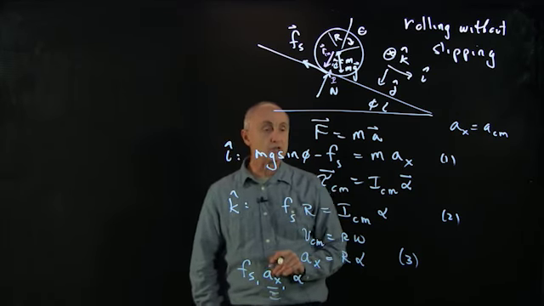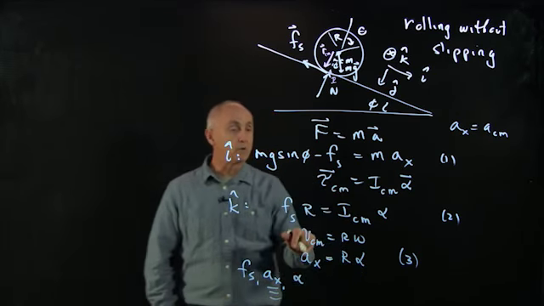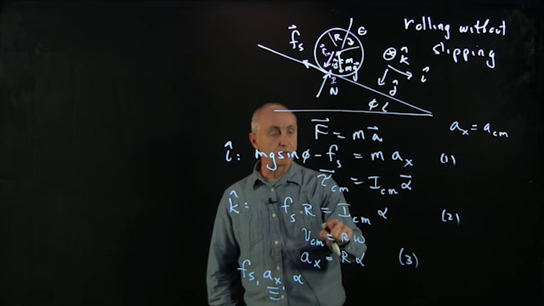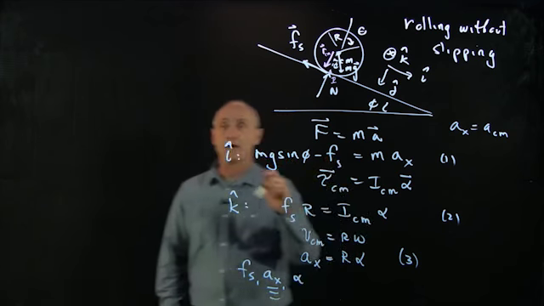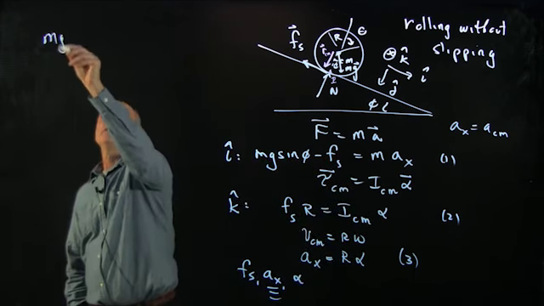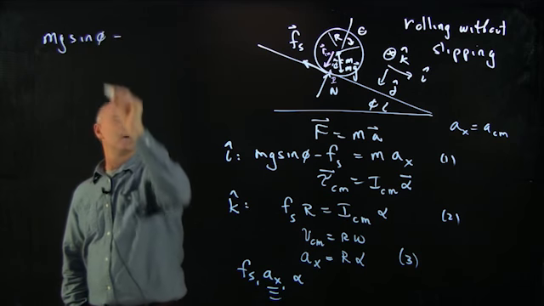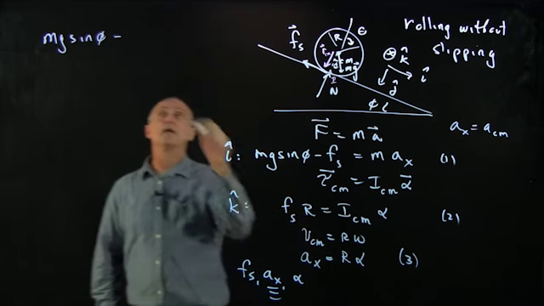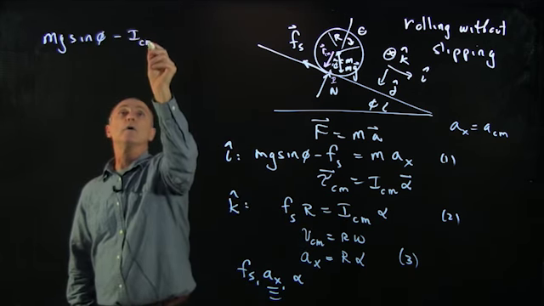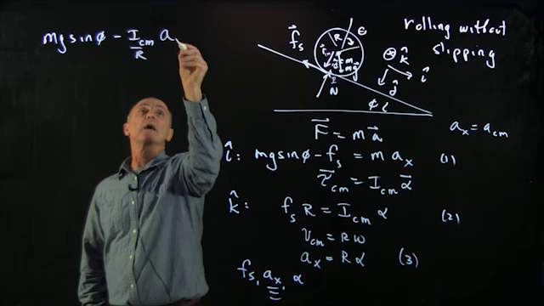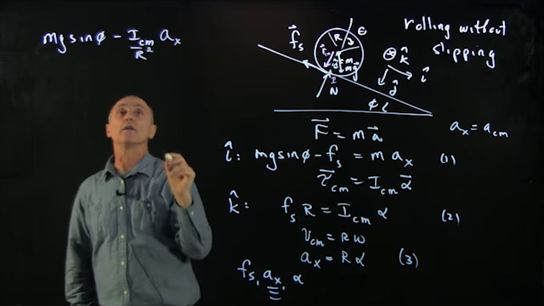I'll look at these equations, and what I'll do is I'll just substitute for alpha, ax over r, and then solve this equation for Fs and put it in there. And so I get mg sine phi. Now my Fs is equal to Icm over r times alpha, but alpha is ax over r, so that's ax and an r squared.